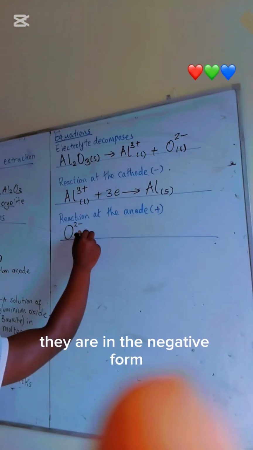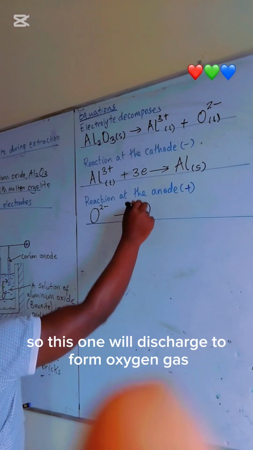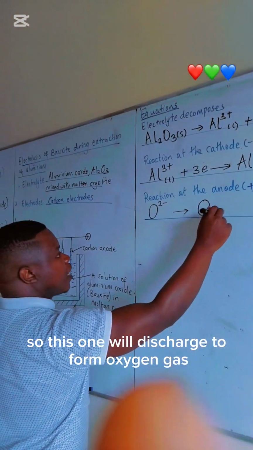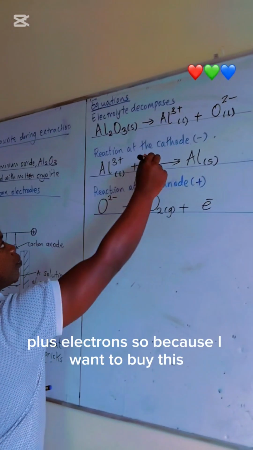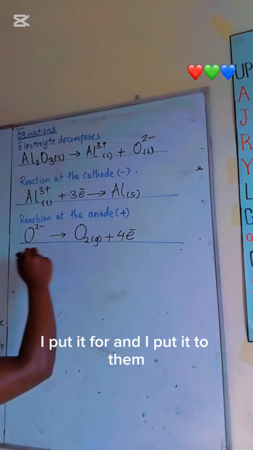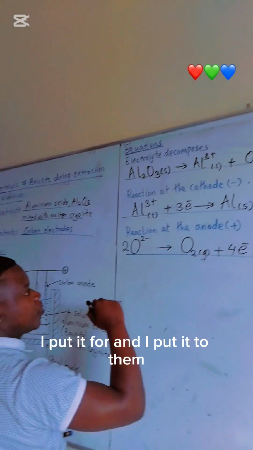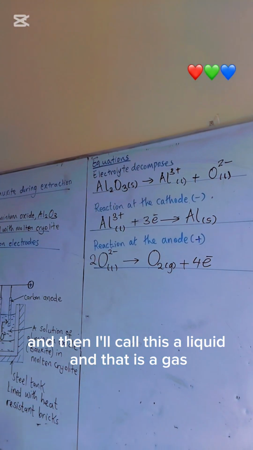They are in the negative form. So this one will discharge to form oxygen gas plus electrons. So because I want to balance, I'll put a 4 and I put a 2 there, and then I'll call this a liquid, and that is a gas.